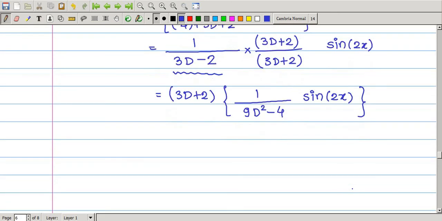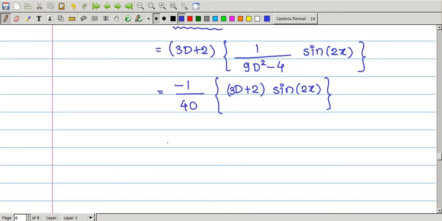Now we replace d square by minus 4. So it is minus 4 into 9, that will be minus 36. Minus 4 will be minus 40. Then we apply 3d plus 2 on sine 2x.